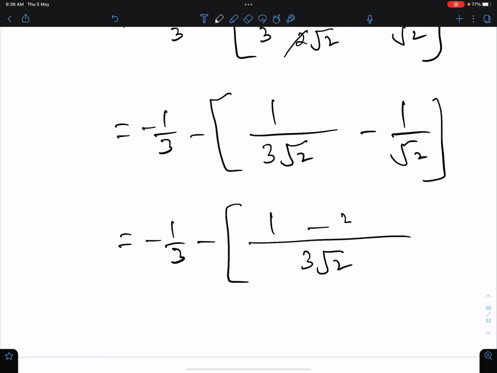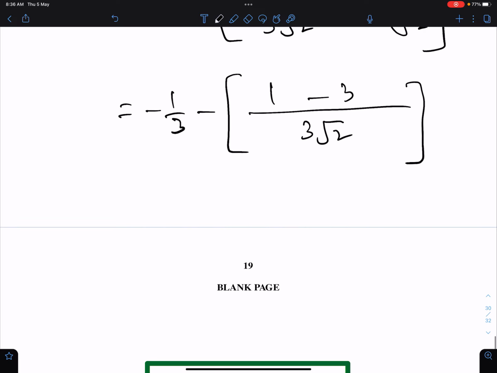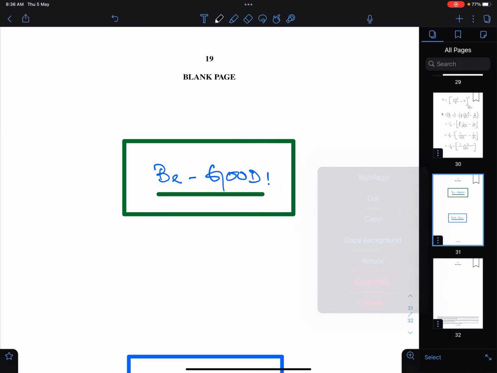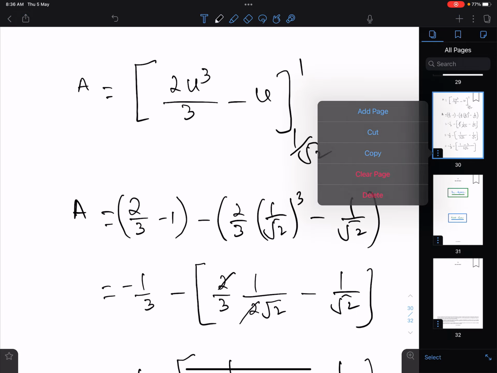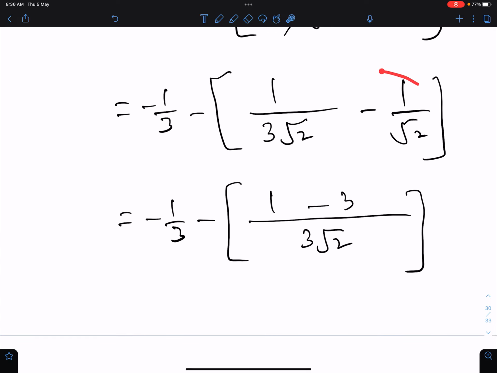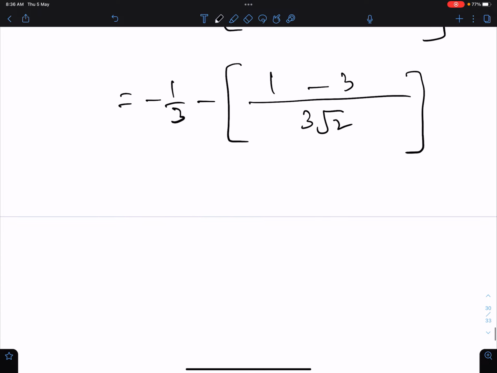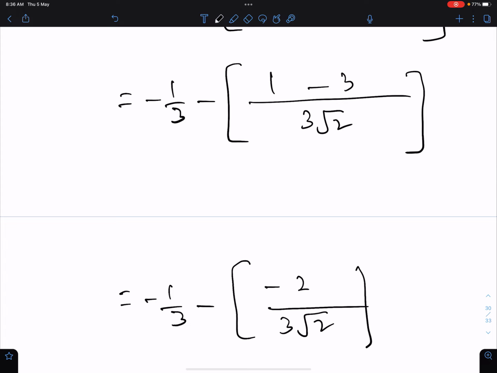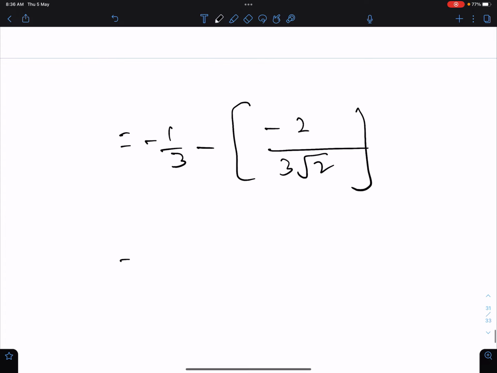So 1 minus 3, minus 2. You may simplify this with the help of your calculator if you want. So minus 1 upon 3 minus 2 upon 3 root 2. So minus 1 upon 3 plus 2 upon 3 root 2.